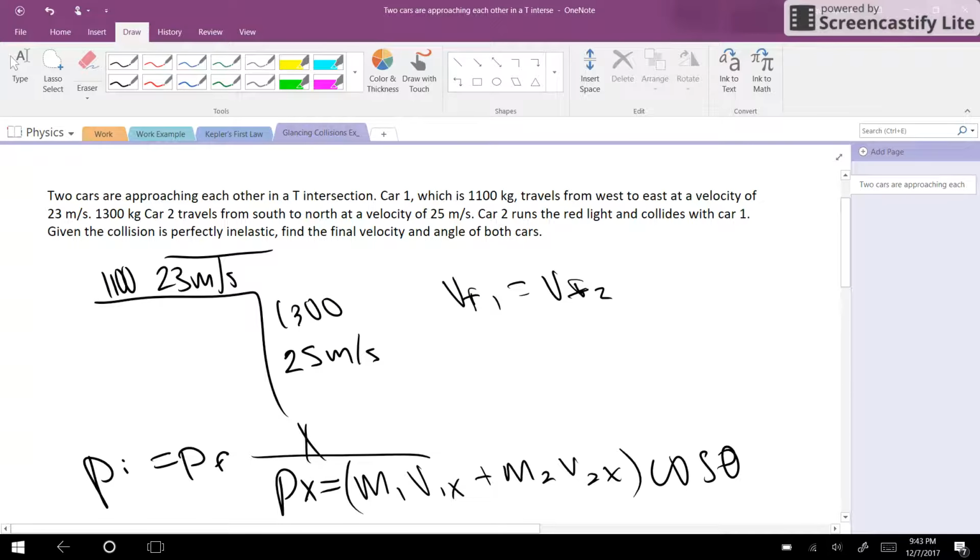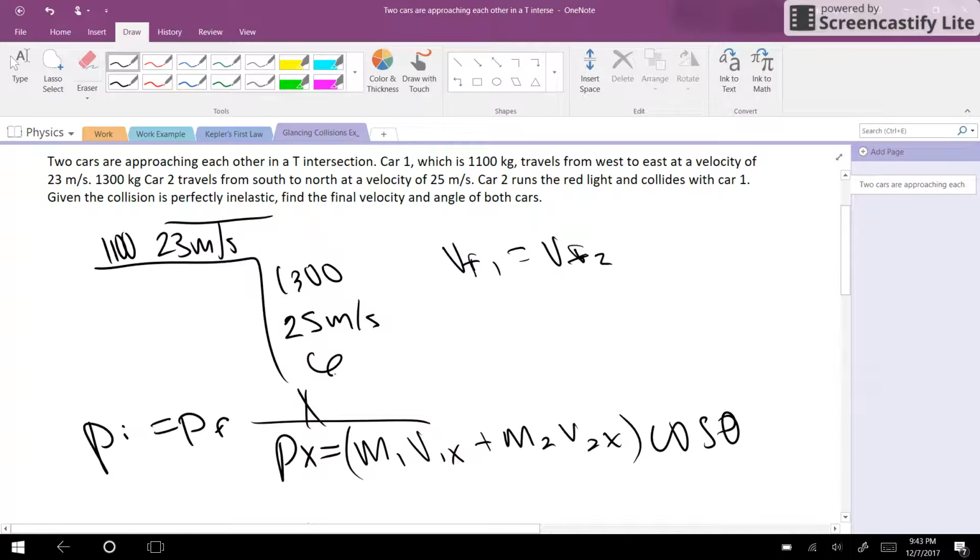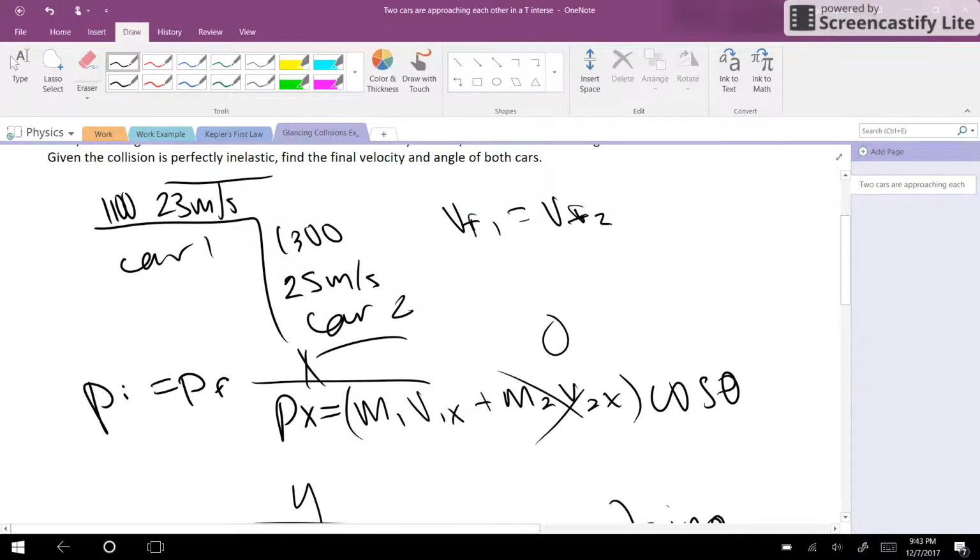So over here we can see that car 2 has no horizontal velocity, therefore we turn this to 0.